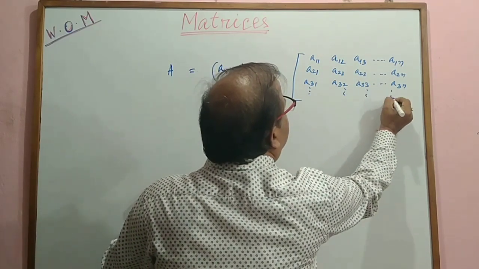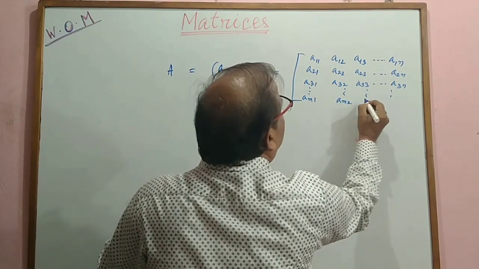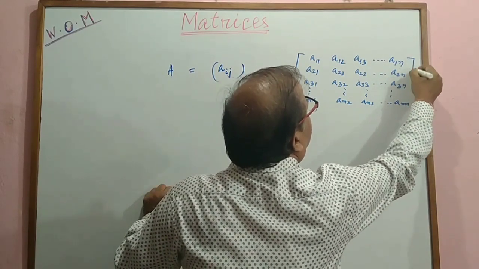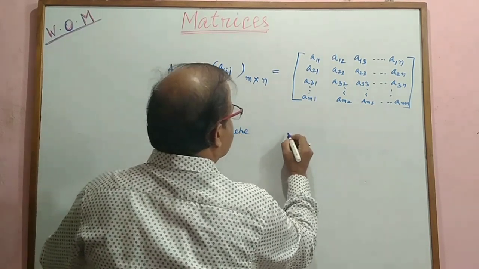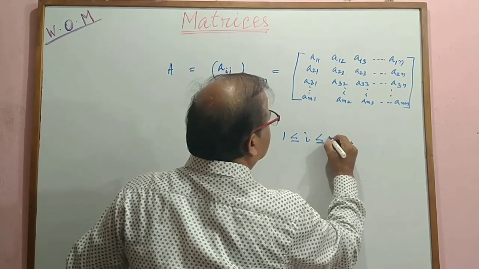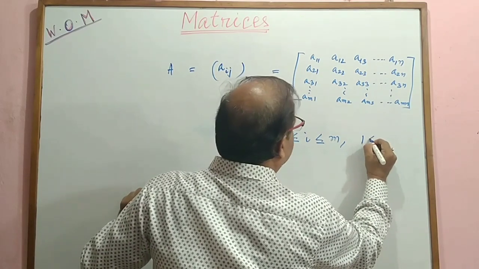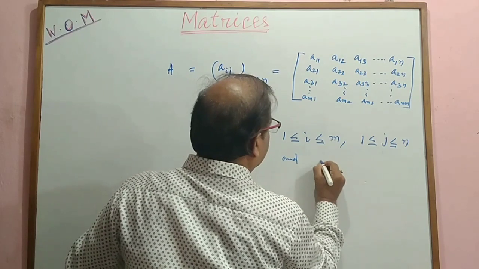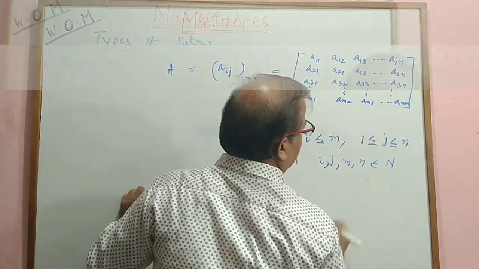In a similar way, Am1, Am2, Am3 up to Amn, where 1 is less than or equal to i less than or equal to m, 1 is less than or equal to j less than or equal to n, and i, j, m, n belong to natural numbers.